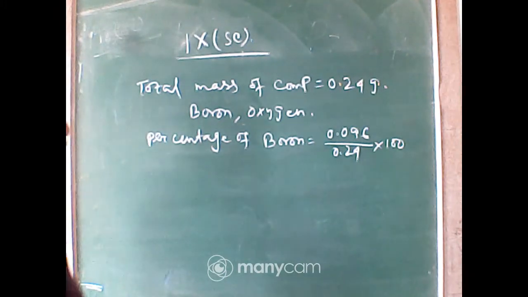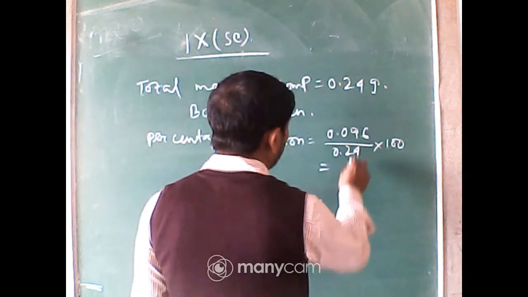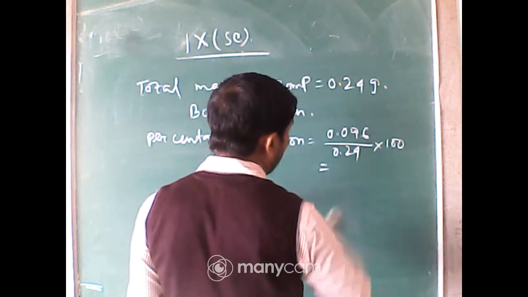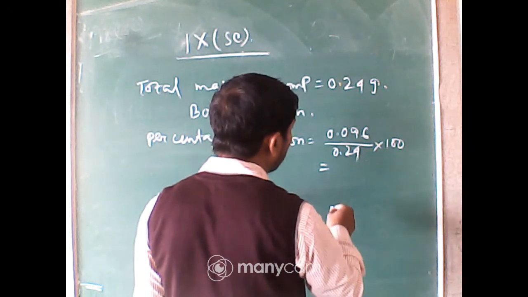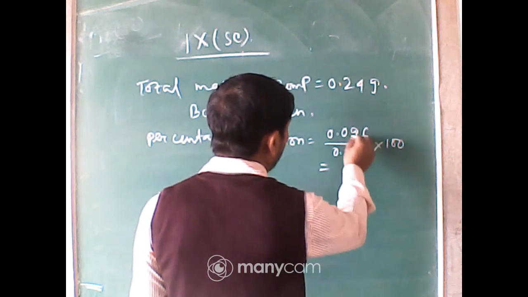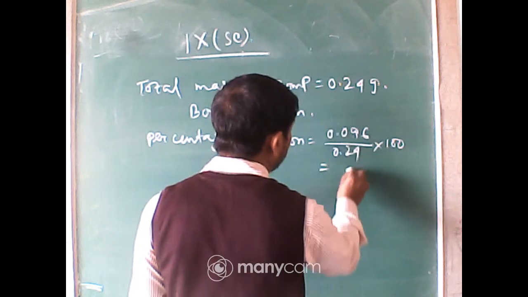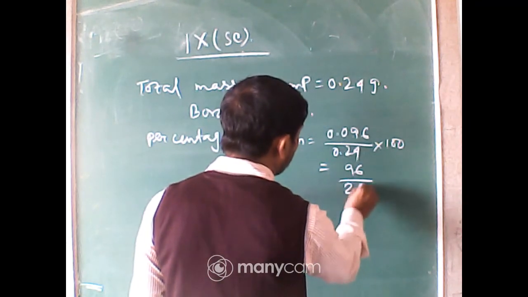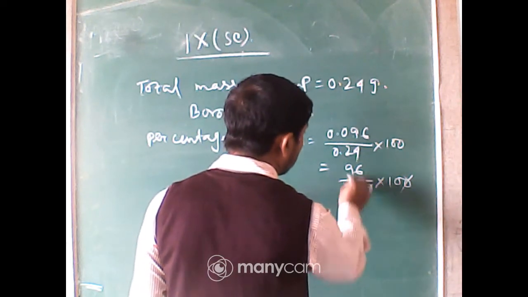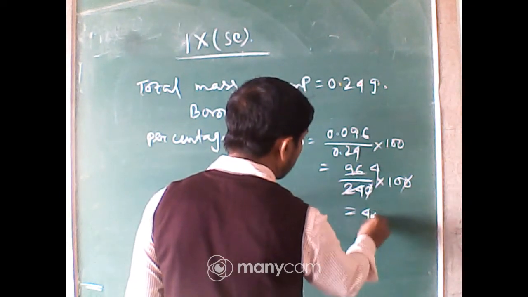Okay, now simplifying it, multiplying by 1000, it becomes 96 by 240 into 100. So, it is 40%.